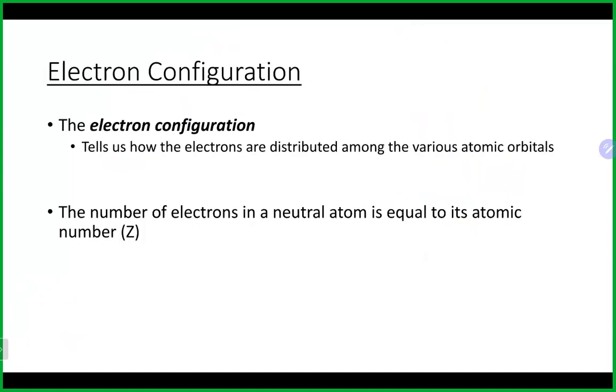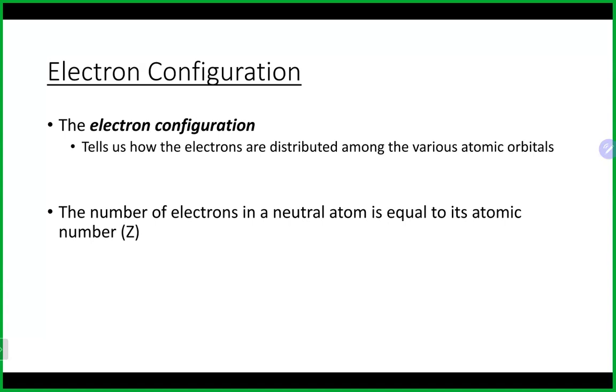Let us talk about writing proper electron configuration, which maybe your lab manual doesn't really do, but we're going to write it the correct way here in this class. So electron configuration is basically how the electrons are distributed in the atom, what orbitals we find them in, what energy level they're in. Again, they always go from lowest energy to highest.